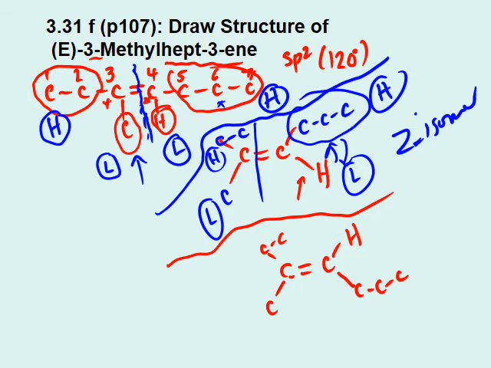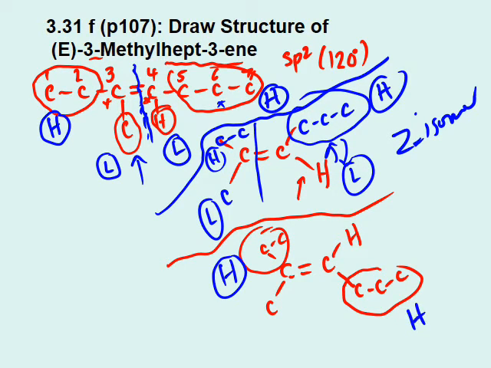So make sure that I copied everything right. So this is the high priority group, this is the other high priority group, and they're on opposite sides, so we got E. So this is the answer you'll be looking at.